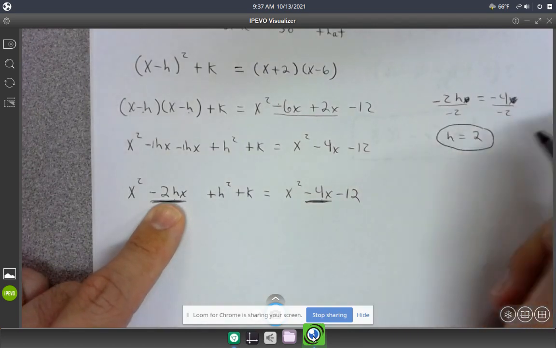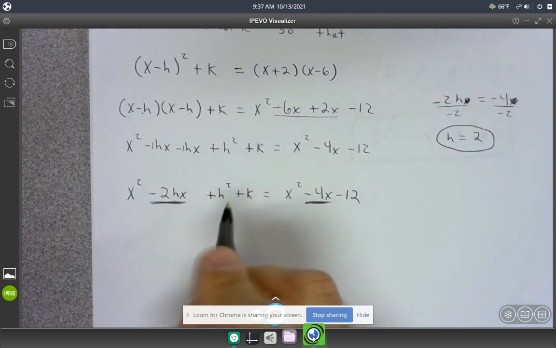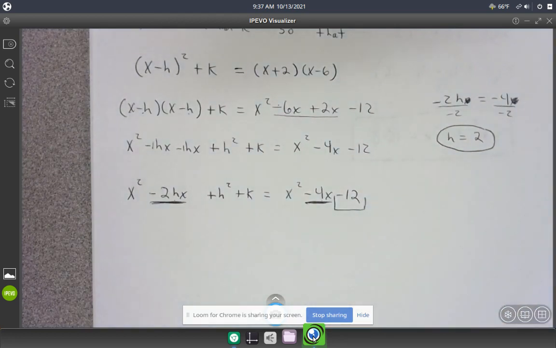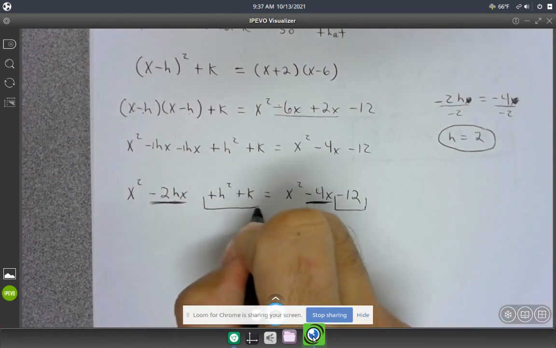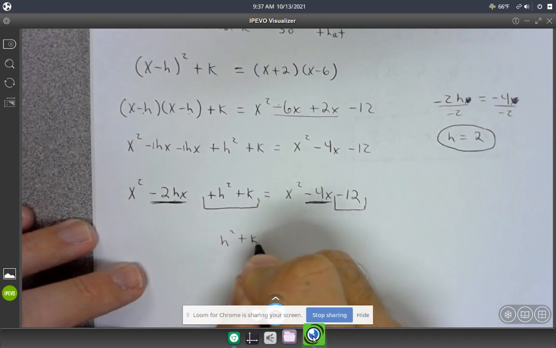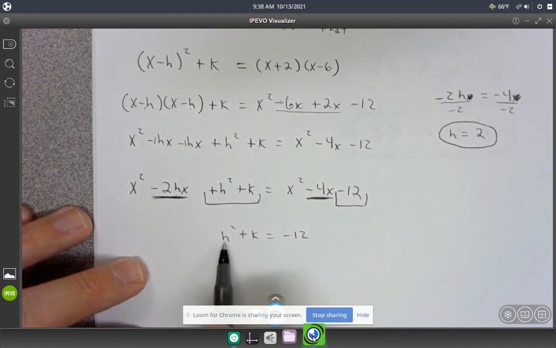So we need that to figure out the k. This side doesn't have an x at all, so this is going to be my constant part over here. So this h squared plus k is going to equal the negative 12. But I know what h is.